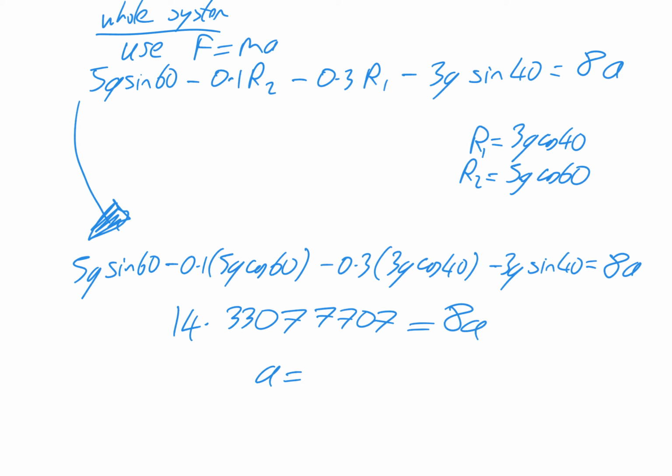A then, just on your calculator, just divide your answer by 8, and what I got to 2 decimal places is 1.79 meters per second squared.